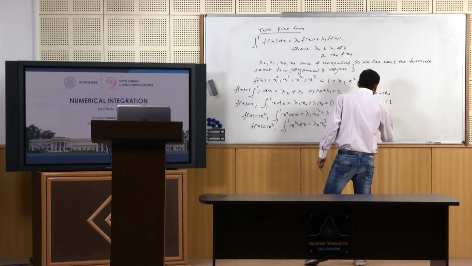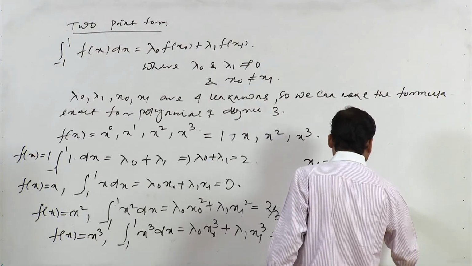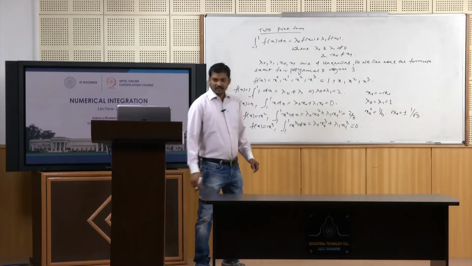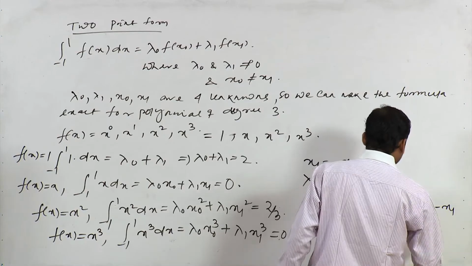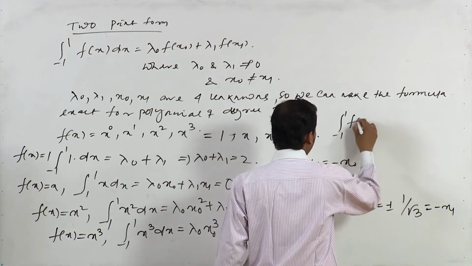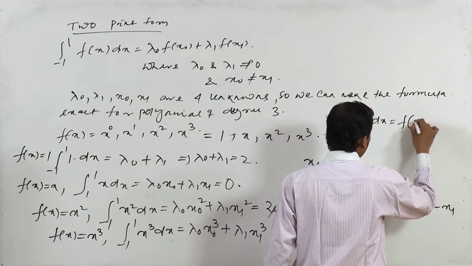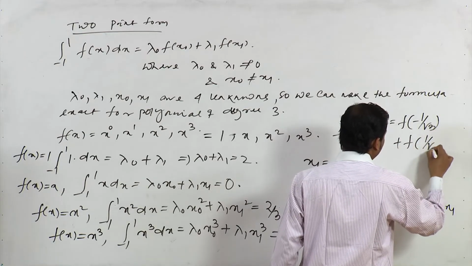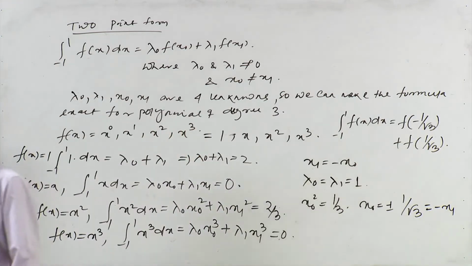So x0 can be written as plus or minus 1 by square root 3, and since x0 equals minus of x1, we can consider this formula in the form of the integral from minus 1 to 1 of f of x dx equals f of minus 1 by root 3 plus f of 1 by root 3, since lambda 0 and lambda 1 are 1 there itself.